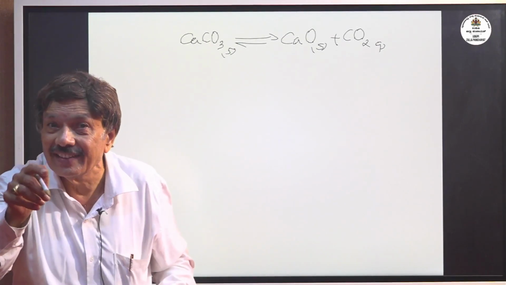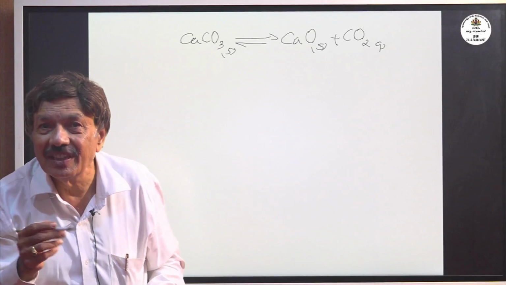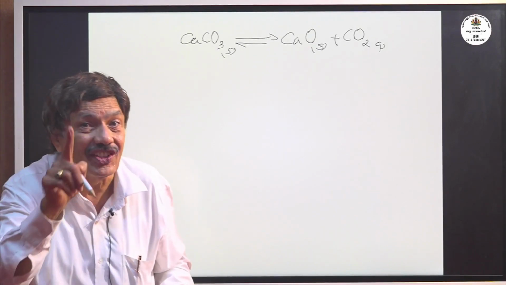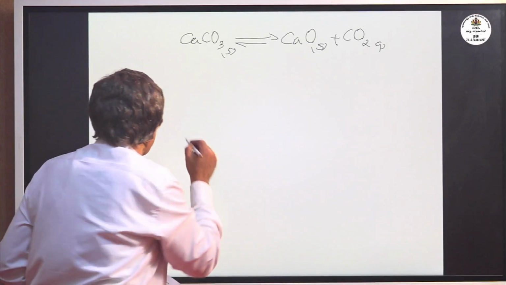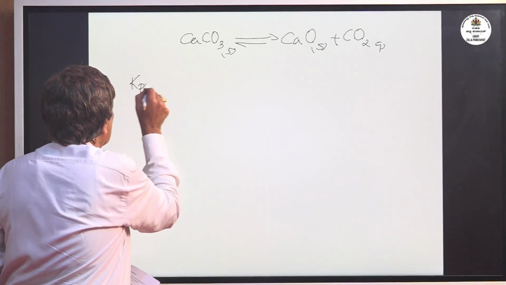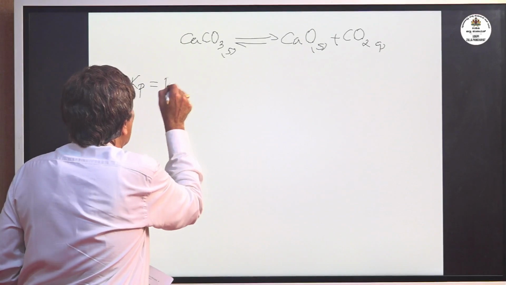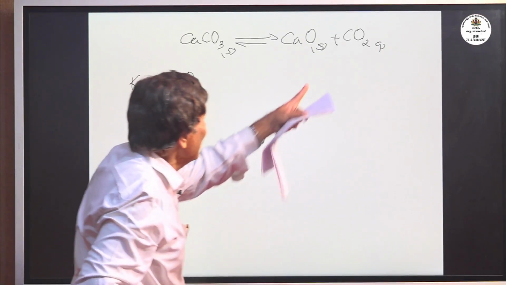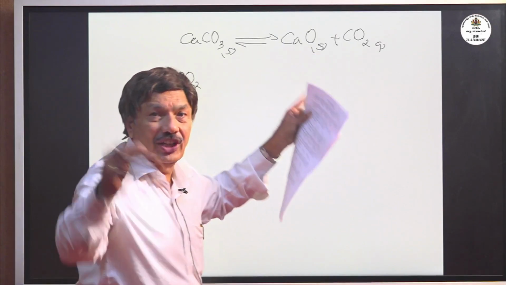And one more thing: any pure substances, solid or liquid, have to be ignored because their activity is taken as 1. So here, Kp becomes the partial pressure of CO2. That's all, because that is the only gaseous product. Both others are solids, so ignore them.